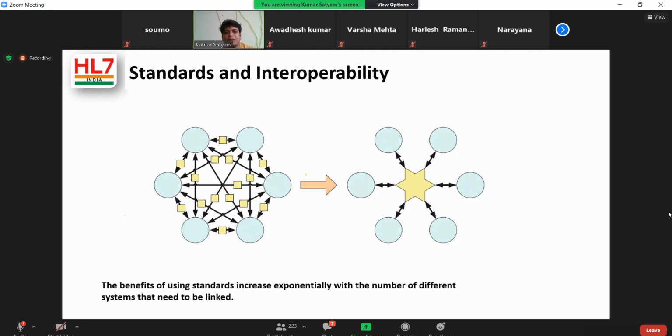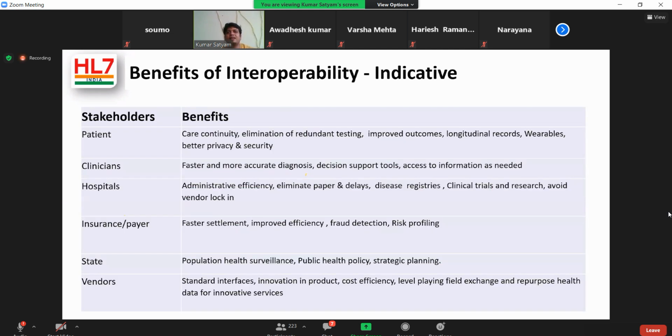Okay, and that's what I am saying there. So, benefits of interoperability. I'll not delve too much on this because I think we have explained a lot. The benefits of interoperability go to all the stakeholders in the value chain. I hope everyone understands what interoperability is now.